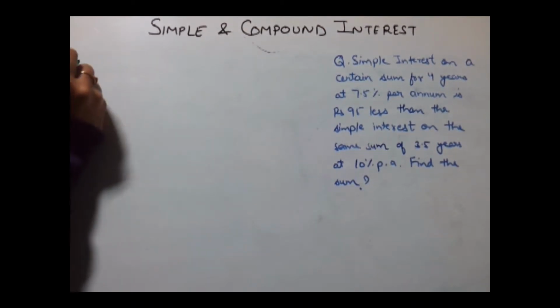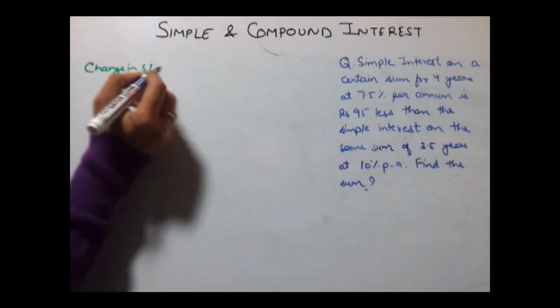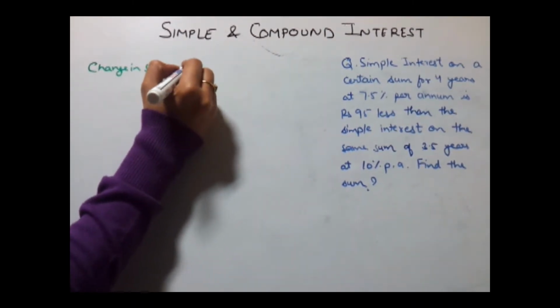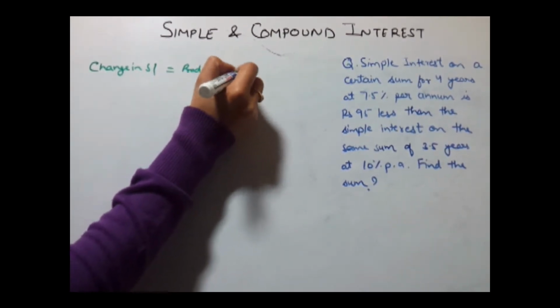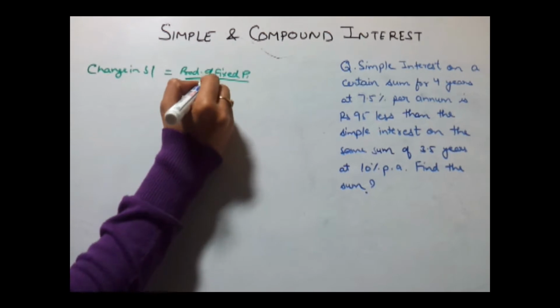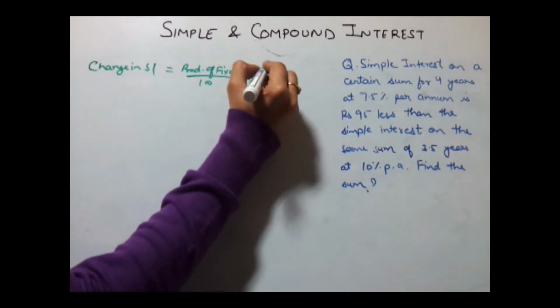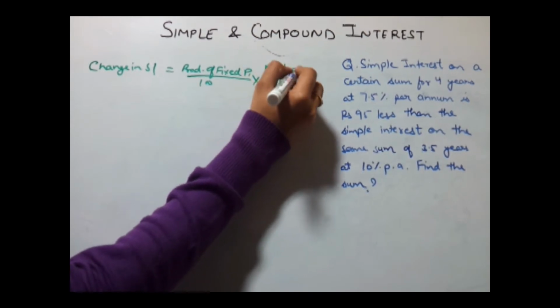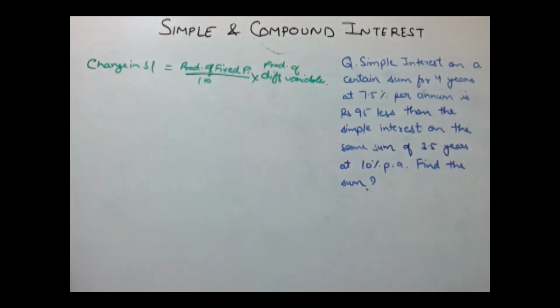So the formula for that is change in SI is equal to the product of fixed parameters divided by 100 into the product of different variables.